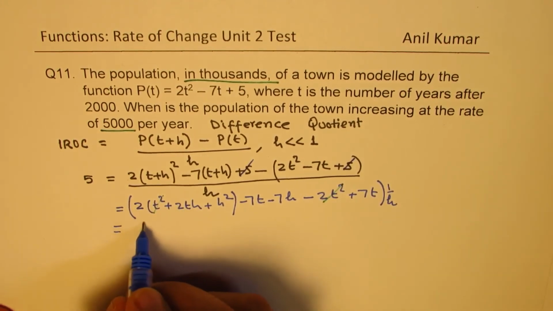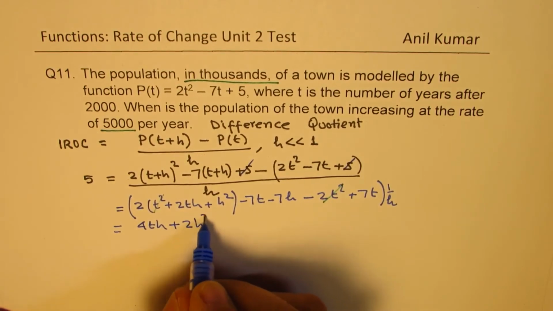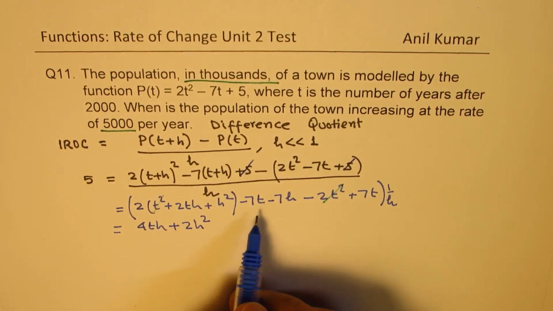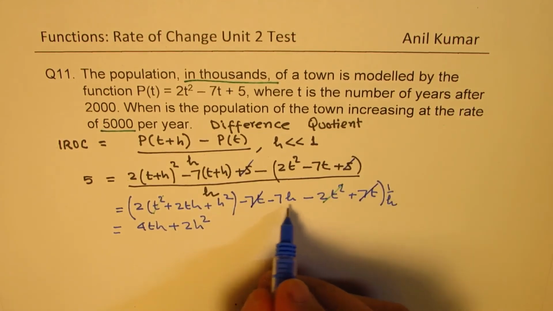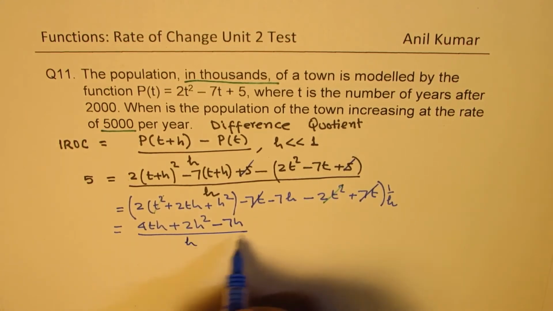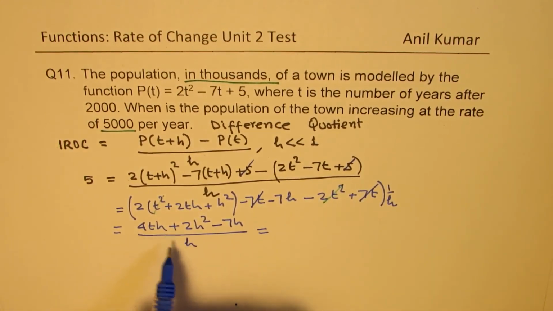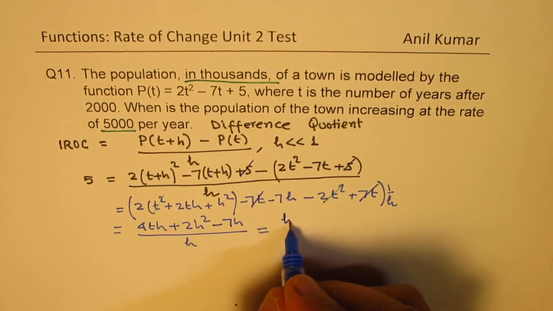So let's see what terms we are left with. Two times 2th is 4th, plus 2h squared, minus 7t and plus 7t cancel. And we are left with minus 7h over h. Now h is common in all these terms, so we can write h common.